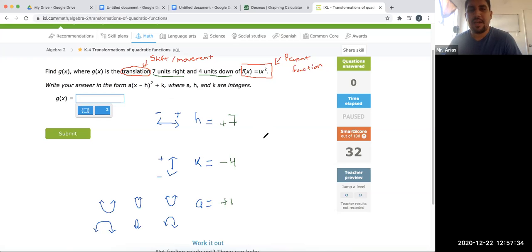Okay, so let's begin. I'm going to copy down my function g of x is equal to a. We said that a is equal to +1. So I'm going to replace that to +1. And then we're going to open the parentheses and put the x. Don't forget the minus symbol that we have in there. And then here we have to replace the value of h with +7.